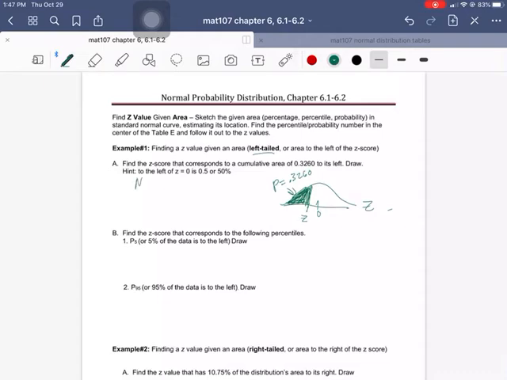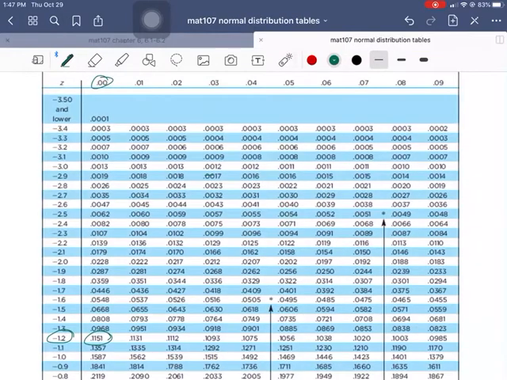You're going to have to use the tables. This is in the negative zone, right? It's on the negative side of the z-scale. So I'm going to the negative table, and I am going to go in the center and look for 0.3260.